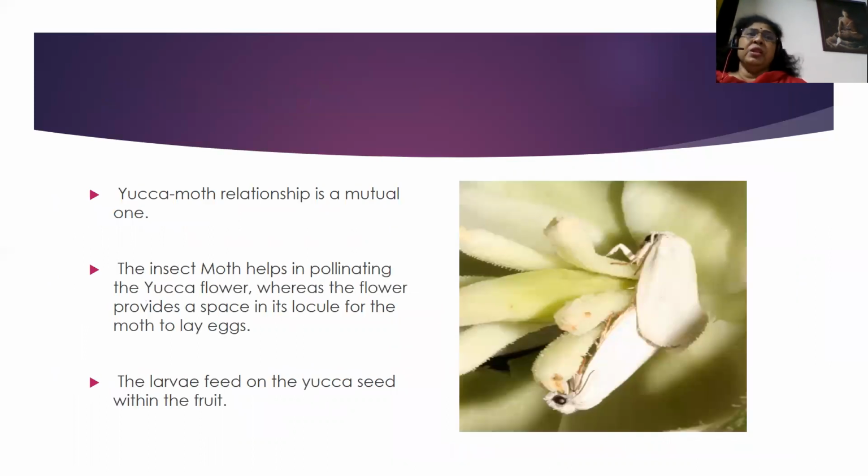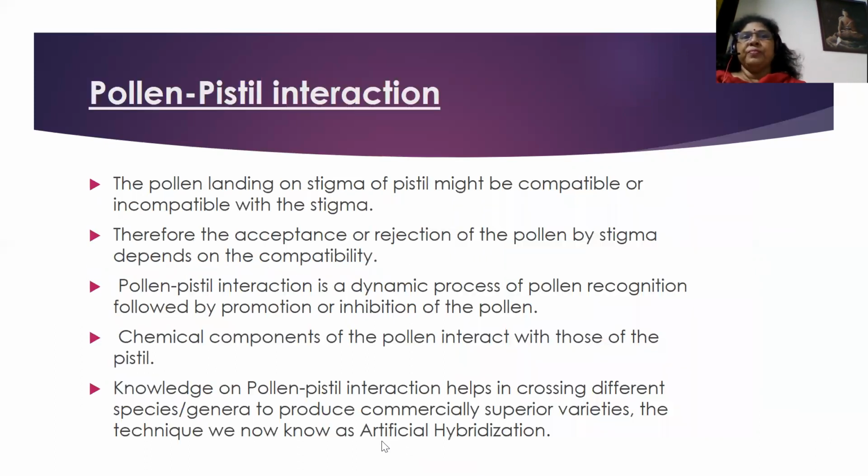Now, when they are insect pollinated, children, sometimes there is a relationship, like yucca and moth, where the moth lays its egg inside the ovary of the yucca flower, and while laying its egg, it takes the pollen grain and transfers it to another plant. And the larva develops inside the ovary, and it feeds on the seeds produced by the fruit.